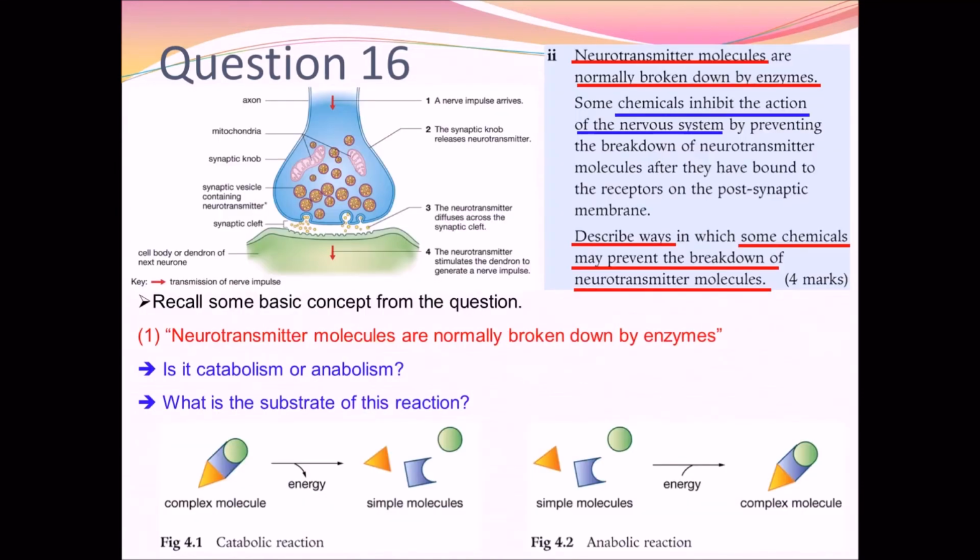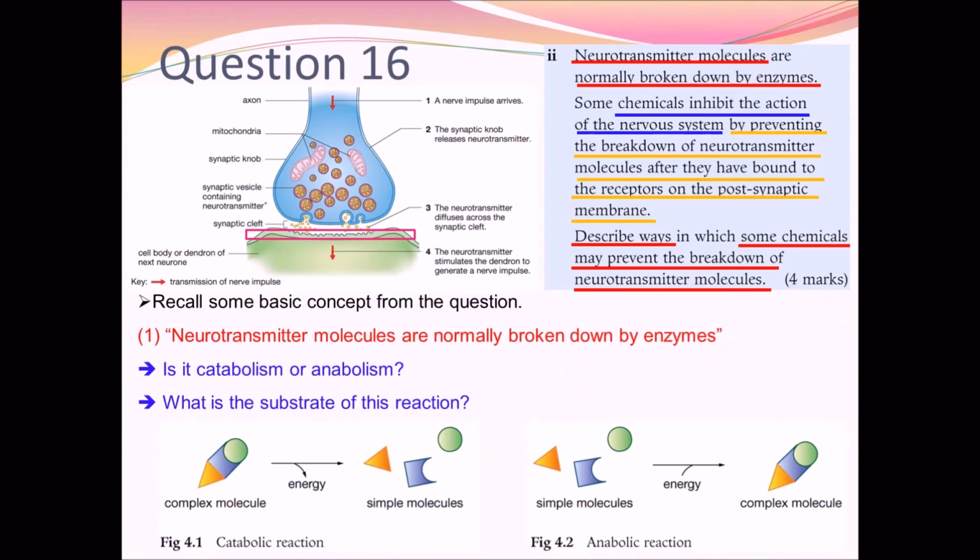Okay, part 2. Part 2 is talking about how neurotransmitter molecules are normally broken down by enzyme once they reach the postsynaptic membrane. So the enzyme will break down the neurotransmitter. But now the question is talking about another concept. It says that some chemicals may inhibit the action of the nervous system by preventing the breakdown of the neurotransmitter molecules after they have bound to the receptor on the postsynaptic membrane.